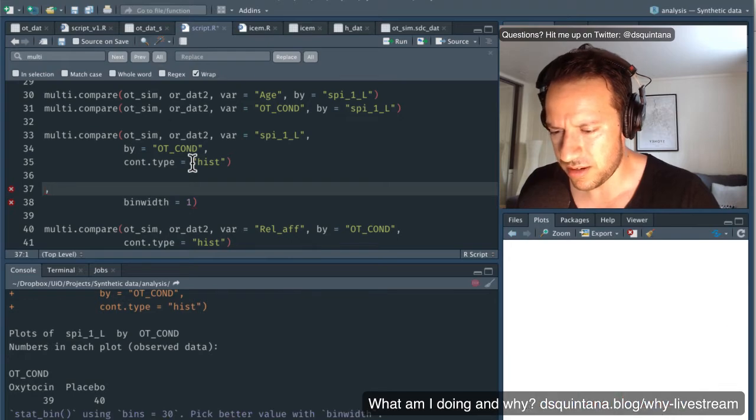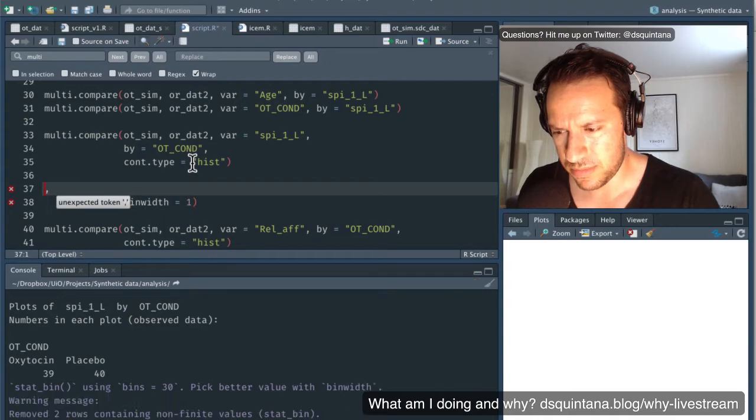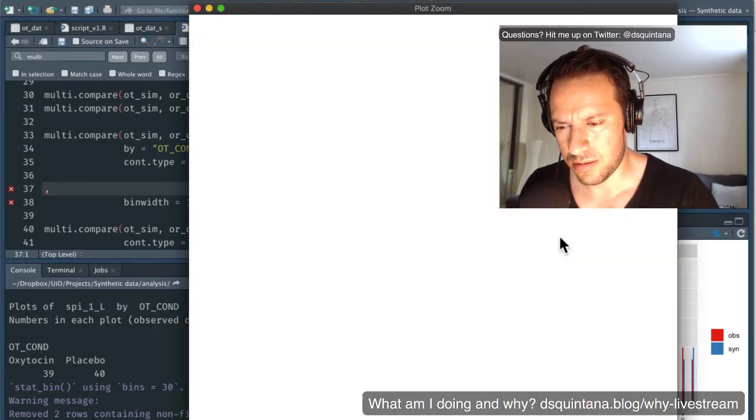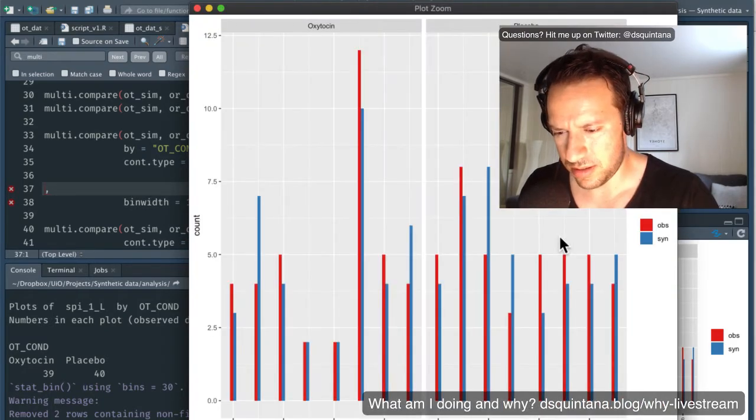Let's try it without. Bins equals 30. Really? That still seems to be better.